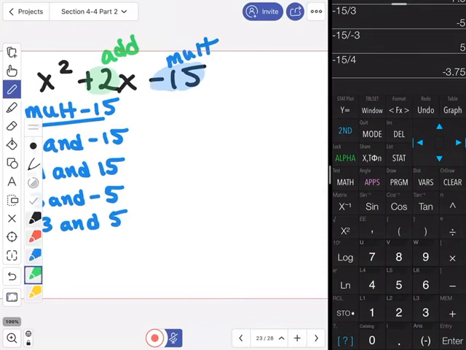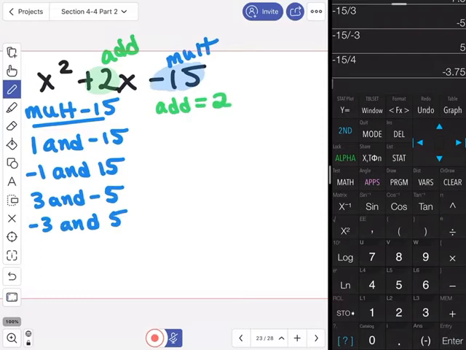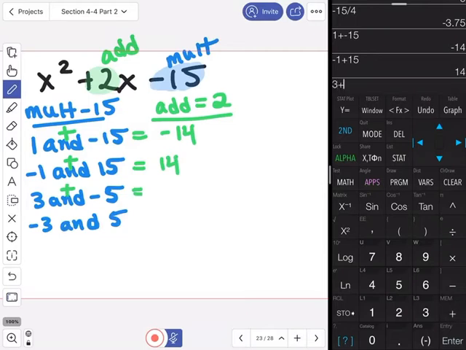So now if I want to see which two numbers add to equal 2, you're going to check each combination. So 1 plus negative 15 gives you negative 14, then negative 1 plus 15 gives you 14, 3 plus negative 5 will give you negative 2, and negative 3 plus 5 will give you positive 2.